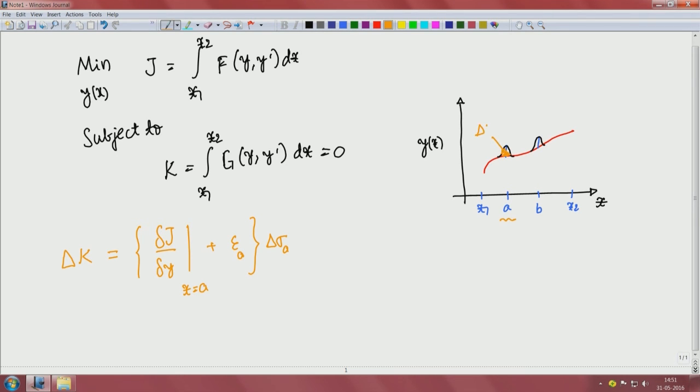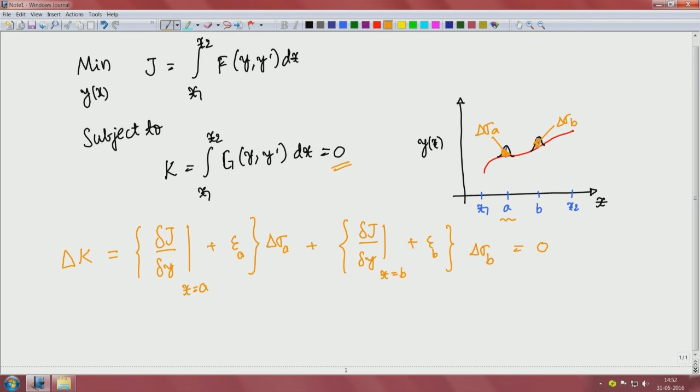So, this is delta sigma A, plus we have the second perturbation with the variational derivative defined at x equal to b, plus error there epsilon b times delta sigma b, and this area is delta sigma b, the total thing should be equal to 0, right. We need to do 2 perturbations so that the constraint remains equal to 0, that is, it is satisfied.